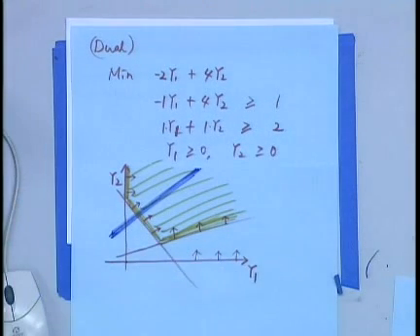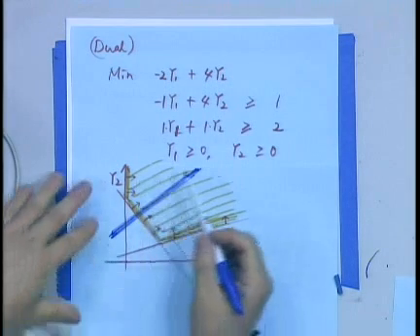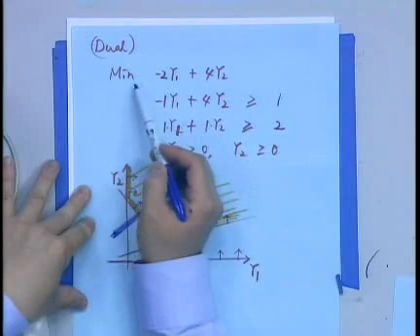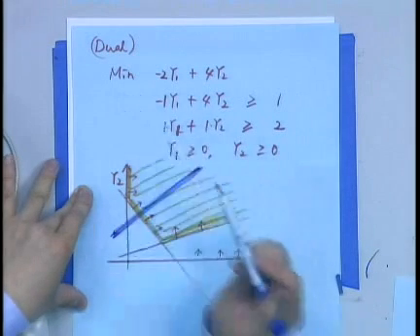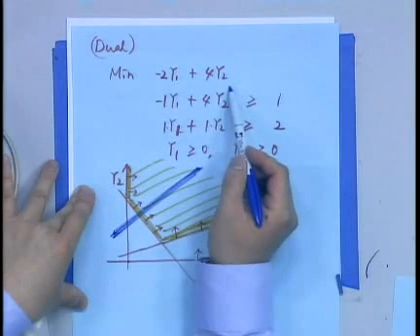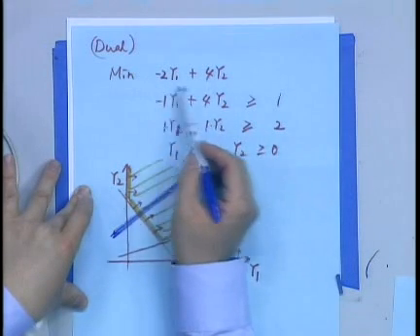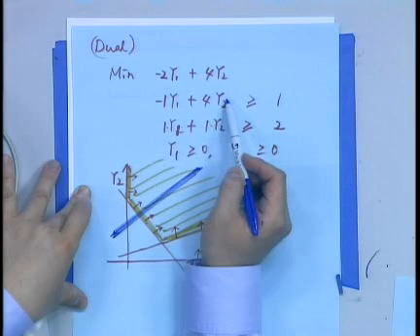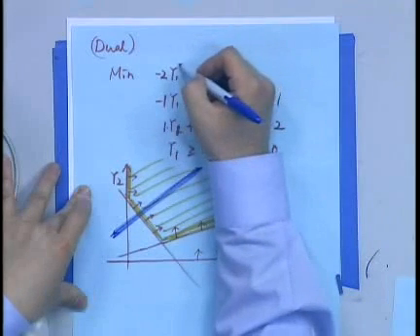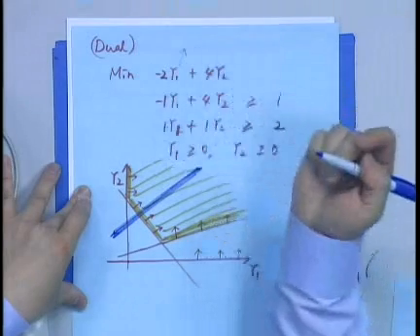And in this problem, we are dealing with a minimization problem again, right? So the objective function value will be improved, which means the objective function value will decrease if y1 increases, right?